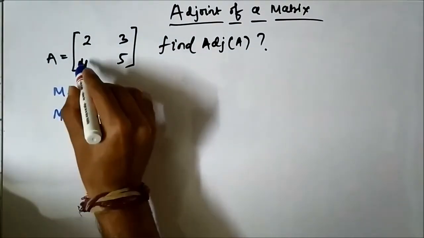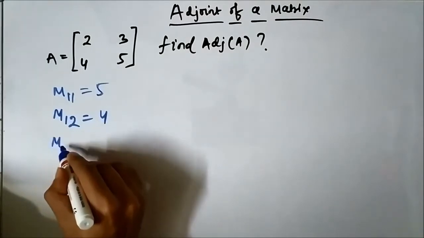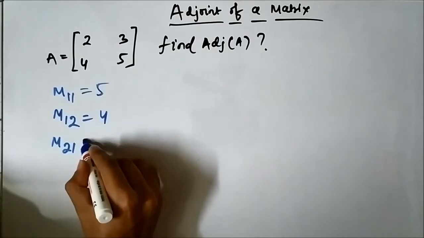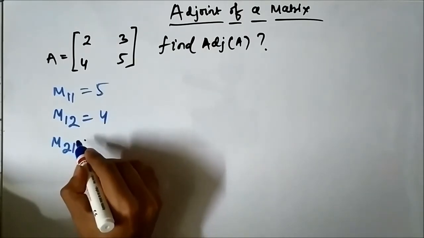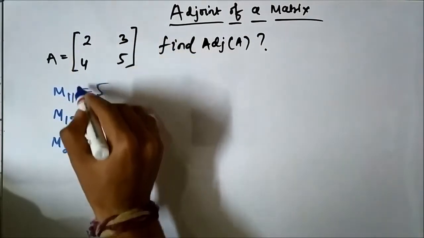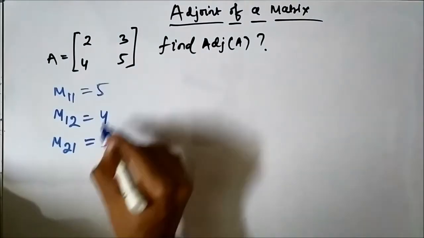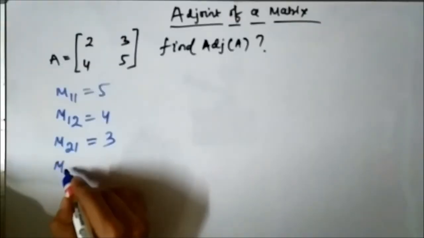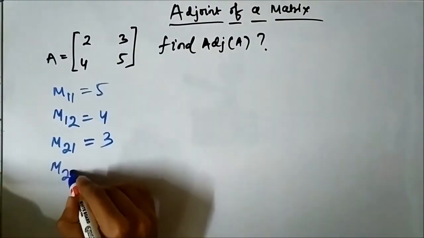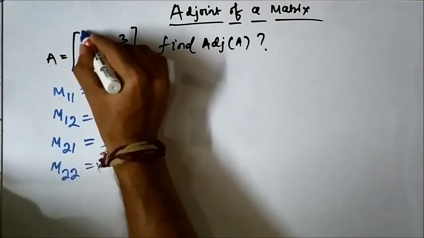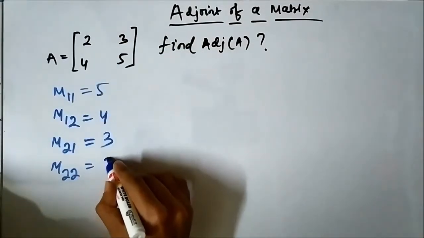Similarly, for this element which is present at the intersection of the second row and first column, we remove this first column and second row, and the only remaining element is 3. Similarly, the minor of this element, that is 5, which is present at the intersection of the second row and second column: we remove the second row and second column, and the only element remaining is 2.